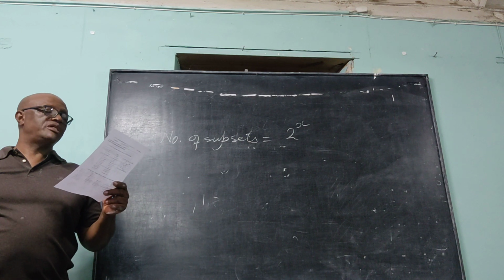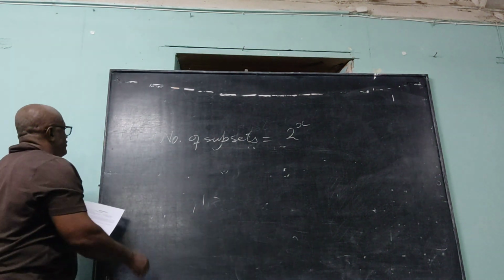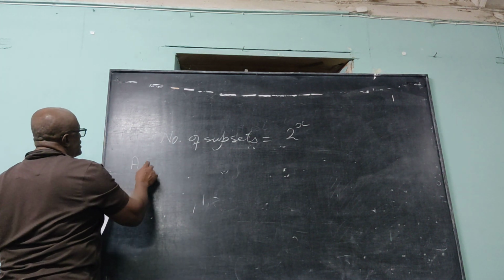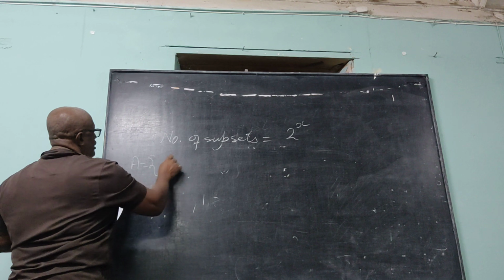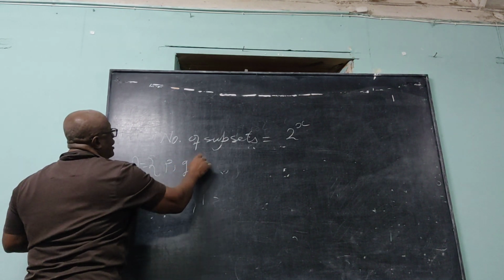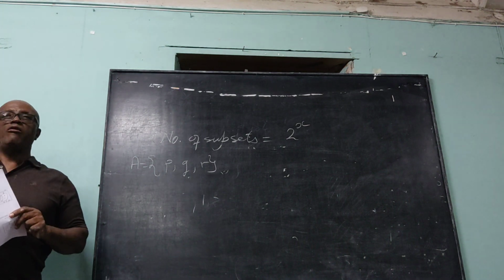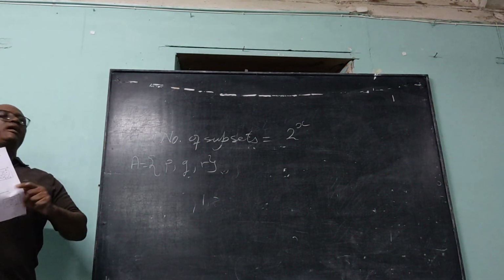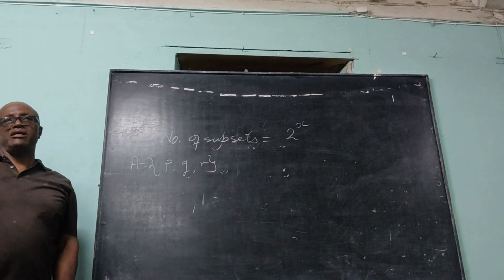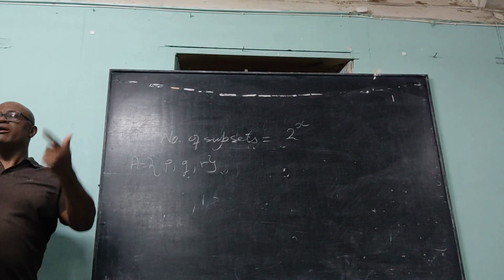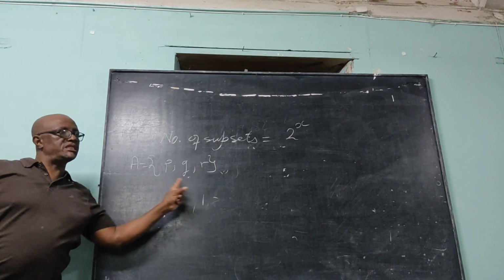Some people are not focusing. So let's take the same one that is given. If you are given the set A, which is P, Q, and R, and you are being asked how many subsets you can make from this set, the answer is 2 to the x power, where x represents the number of elements in this set.